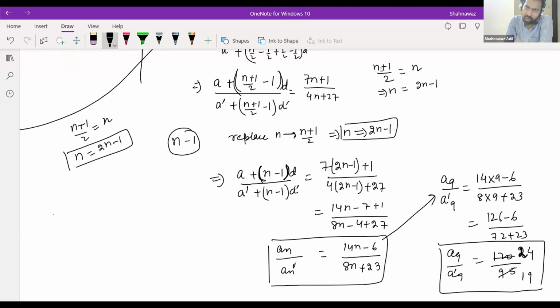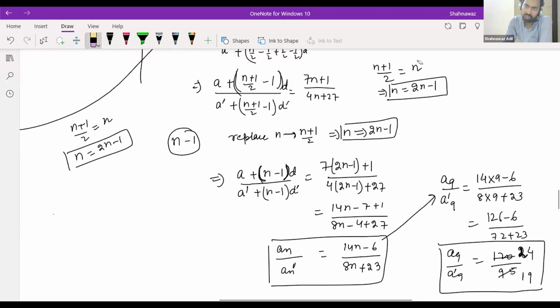I should write prime, but that would be confusing, right? If I write this as n prime, then this becomes n prime, and this is 2n prime minus 1. But this would be confusing too. So just remember that n changes to 2n minus 1. Understood?